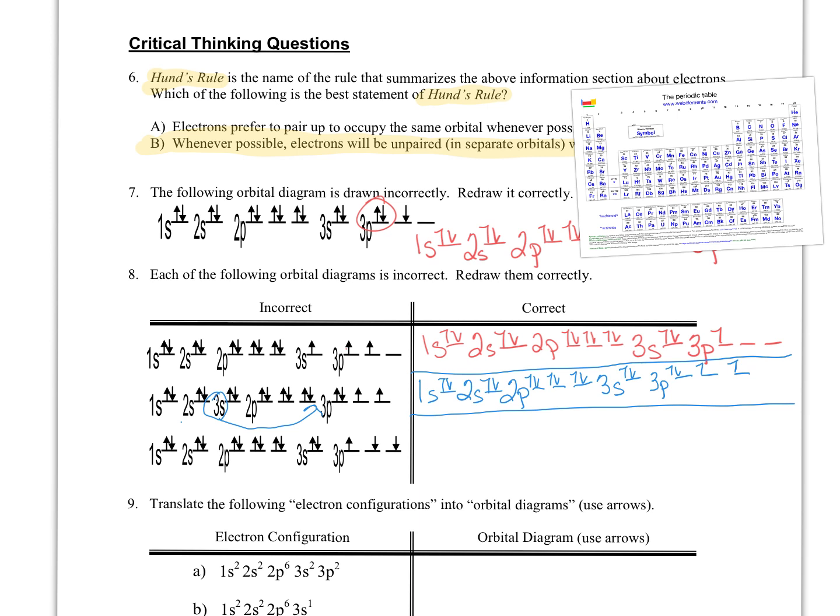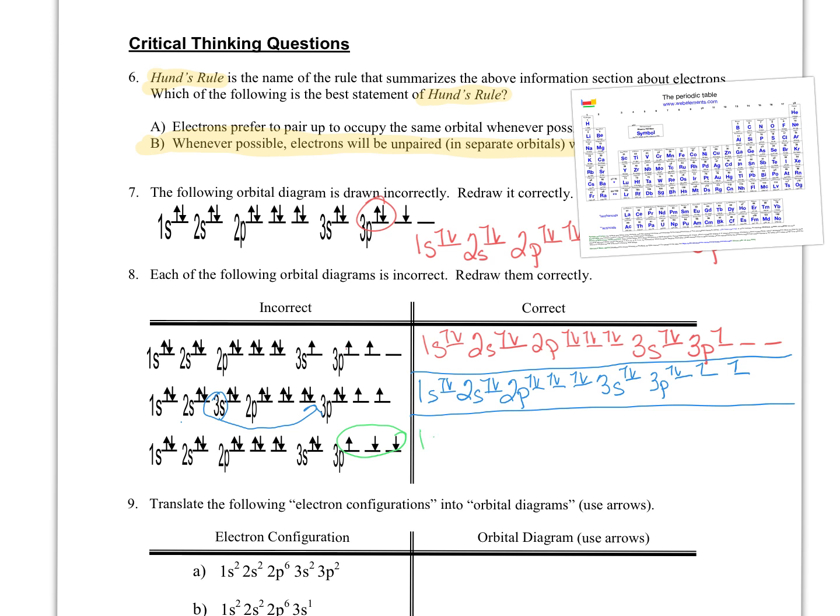Let's see, we've got 1s2, 2s2, 2p6. That's correct. 3s2, and then 3p. And our problem here is the spins. They all should be spinning the same direction. And according to what we just read, they like to spin up first. So we want to change those 2 down arrows to being up arrows.